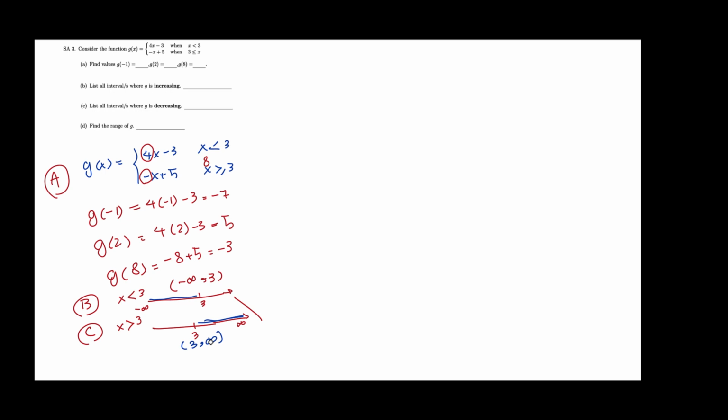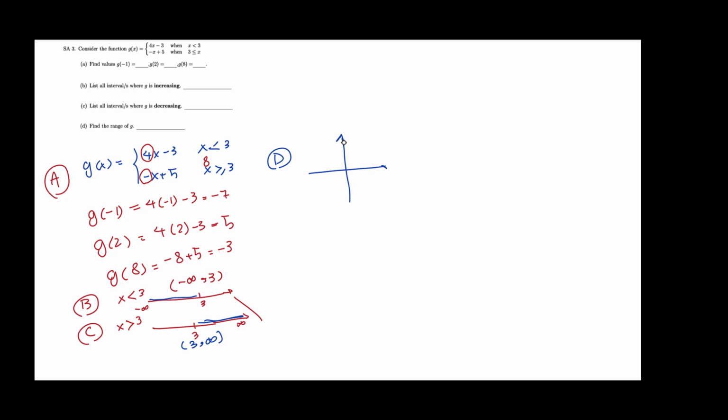The last part is asking me to find the range of g, basically. Here I know that I basically need to know what happens at x equal to 3, very immediately before and after 3. So for part D, I kind of need to know the shape of the graph.